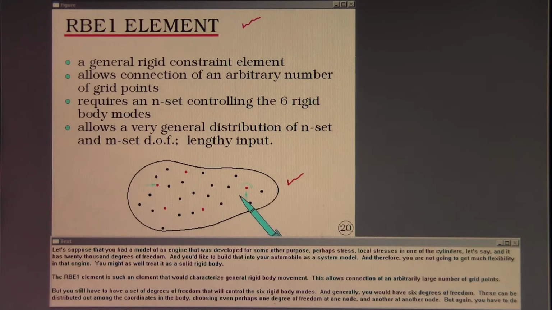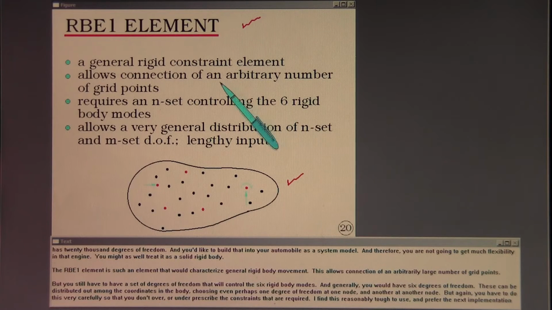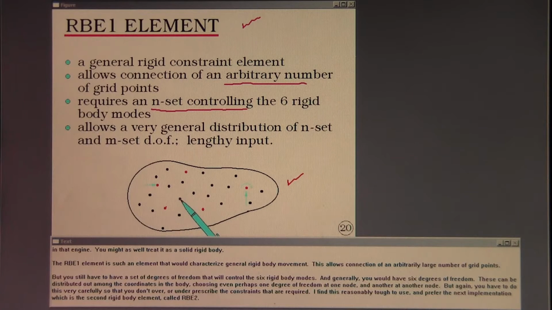This allows connection of an arbitrarily large number of grid points, but you still have to have a set of degrees of freedom that will control the 6 rigid body modes, and generally you would have 6 degrees of freedom. These can be distributed out among the coordinates in the body, choosing even perhaps 1 degree of freedom at one node and another at another node.